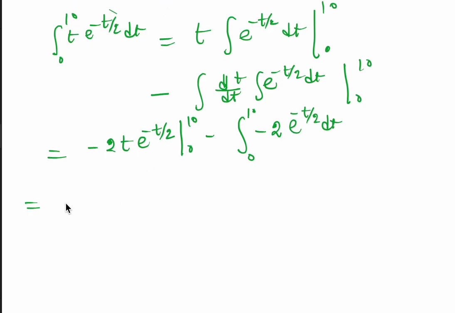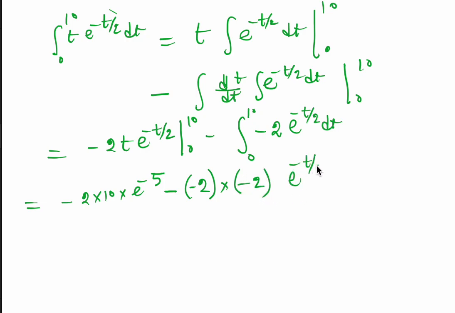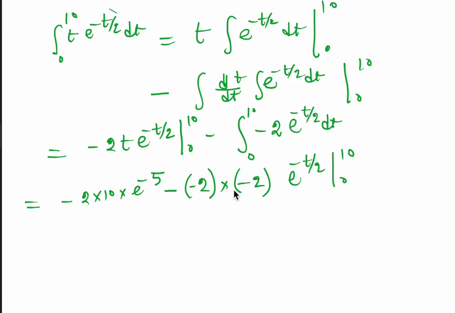That is minus 2 into 10 into e to the power minus 5, the lower limit will be 0, and minus minus 2 into minus 2 e to the power minus t by 2 from 0 to 10.